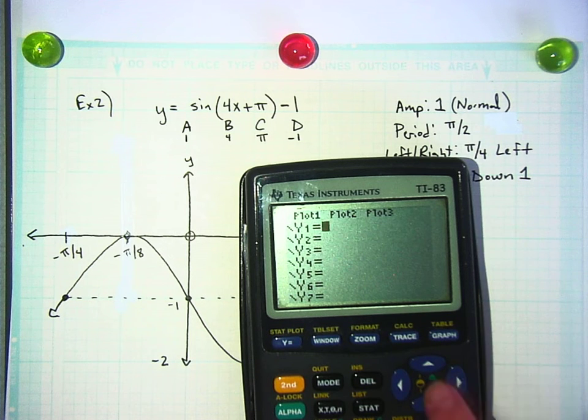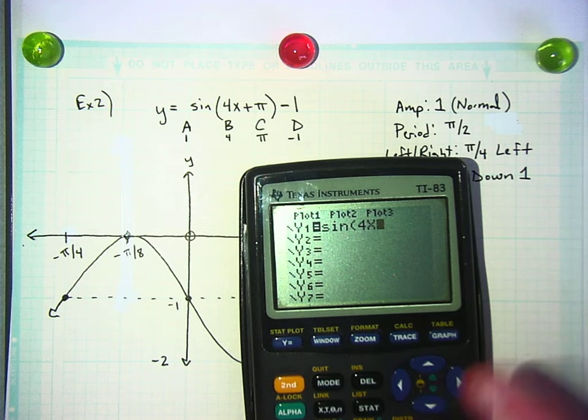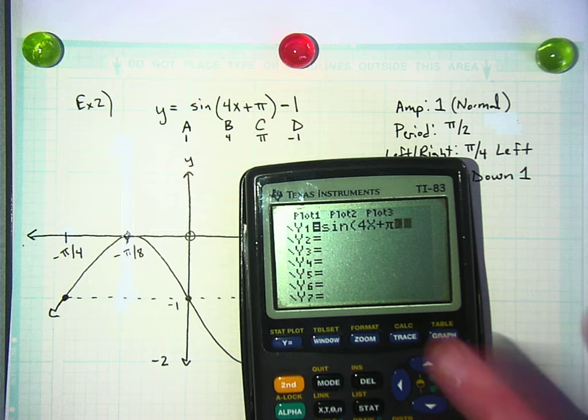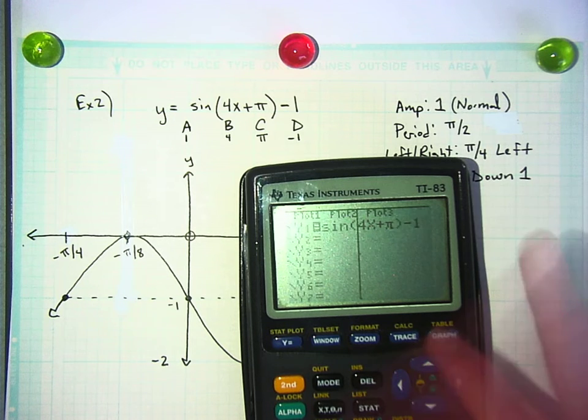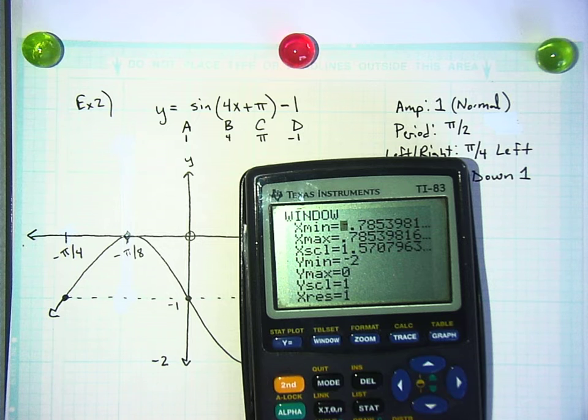Oh, I never put it in the y equals. It's like, what are you trying to graph? None of your business, calculator. 4x plus pi minus 1. There it is. That was -pi over 4 for my x min and +pi over 4 for my x max.